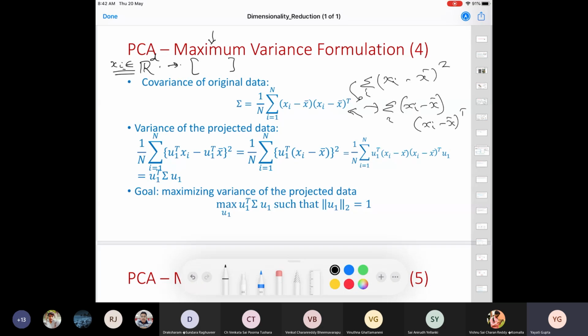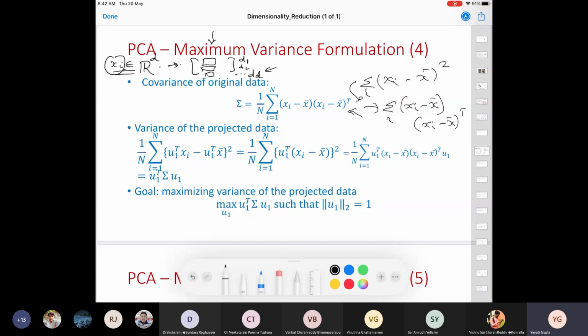This is one data point xi, where this denotes the first dimension, say d1. This denotes the value of the dimension d2, and so on and so forth. If it is d-dimensional, there would be d such values in this particular data point xi.